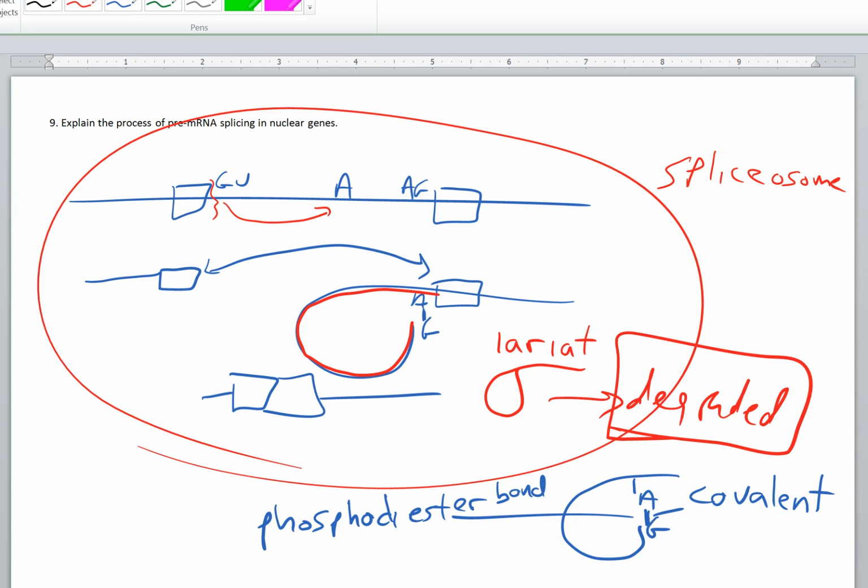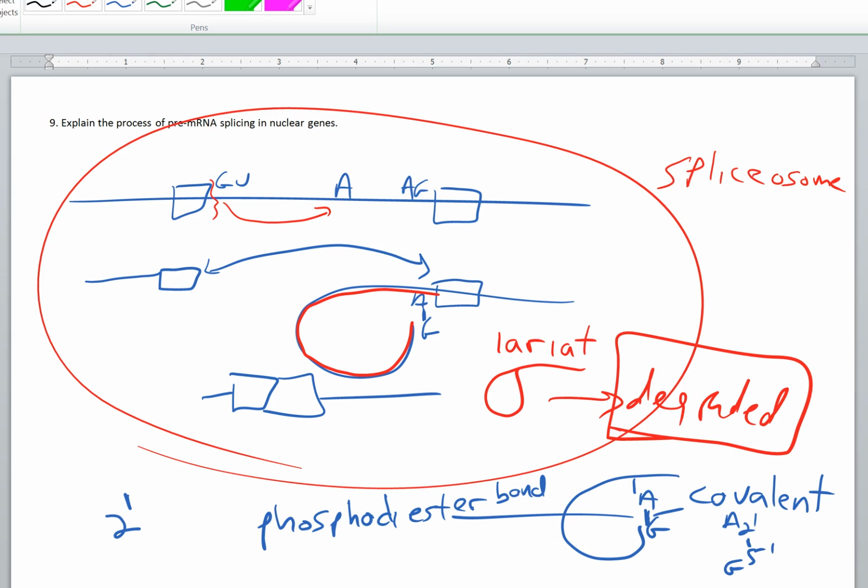But it's between the 2' hydroxyl of the A. So it's the 5' part of the G and the 2' part of the A, and they form a bond.